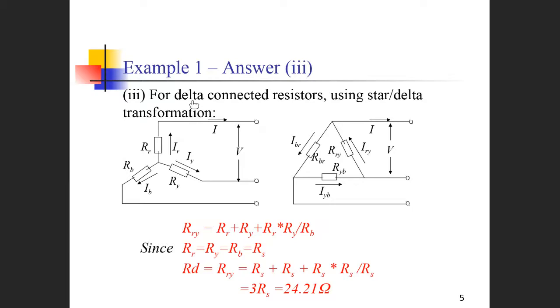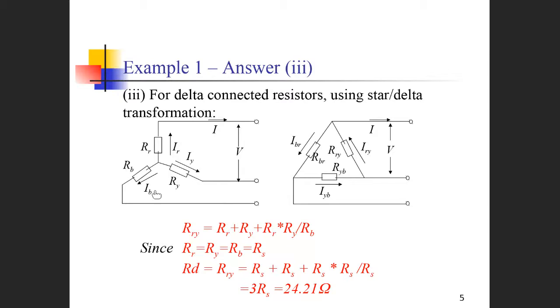Now, for the direct connection resistors using the star-delta transformation, we suppose an equivalent star connection, and we learned in the lectures the so-called formulas.